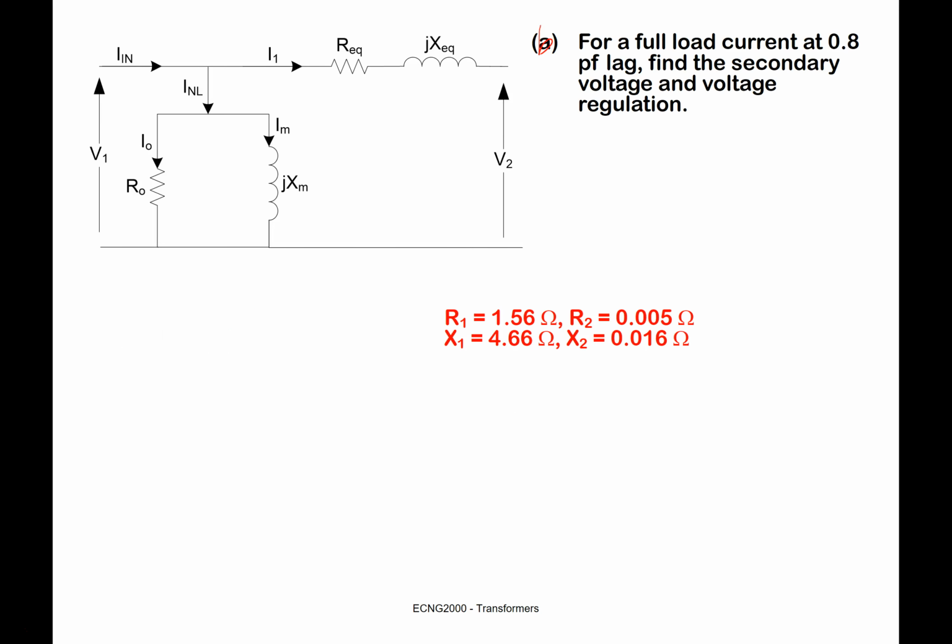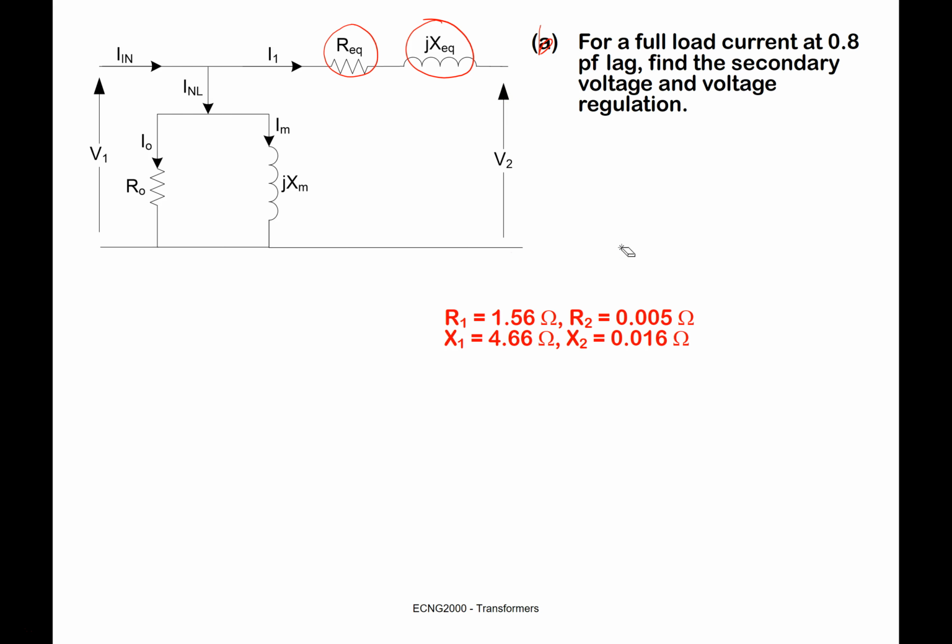Good. Now, for the next part, part B, we have to find the secondary voltage and voltage regulation. So what I'm going to start by doing is computing my equivalent circuit by getting R equivalent and X equivalent. So I'm going to refer the parameters to one side of the transformer. Of course, here I will have the ideal transformer. I've just left that out because I only want to focus here on the loss circuit.